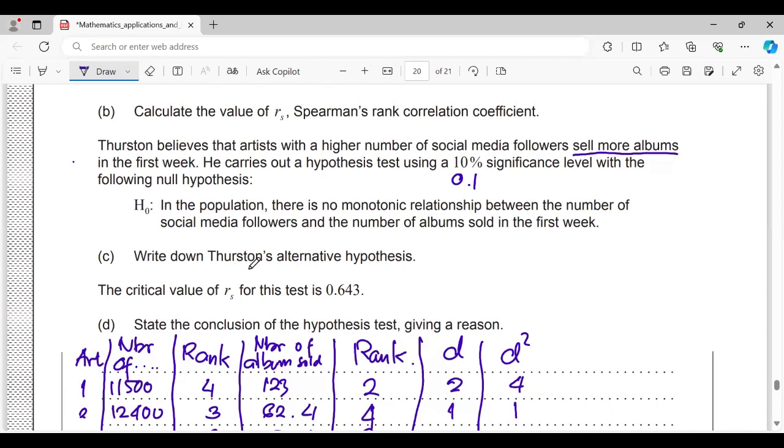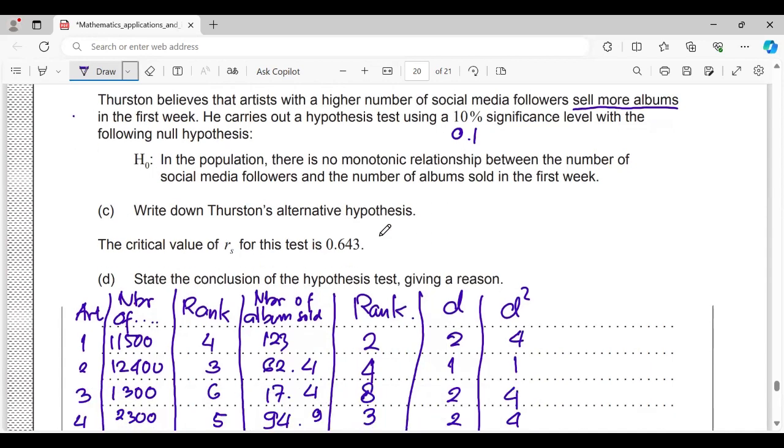Write down Thurston's alternative hypothesis. So this is the null hypothesis, and we're going to write down the alternative hypothesis.